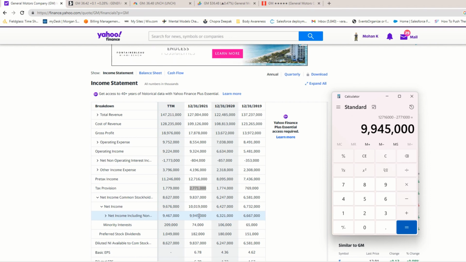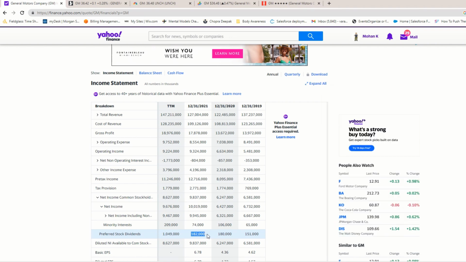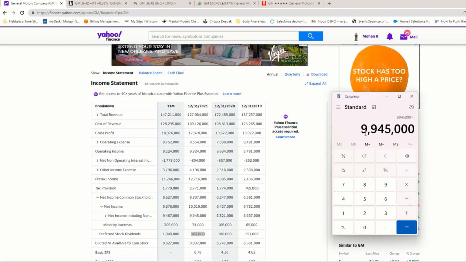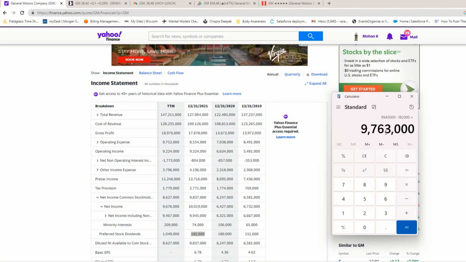9.945. You see here. To that, there is a preferred stock dividends which has to be paid to the stockholders, which is 1.82. Let me minus that from that, which is equal to $9.76 billion.